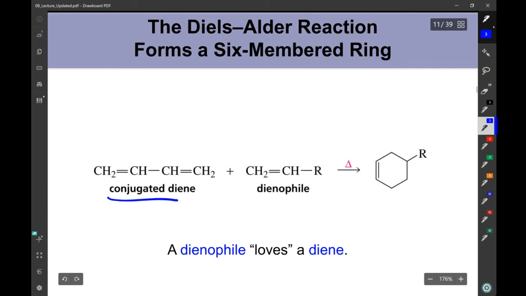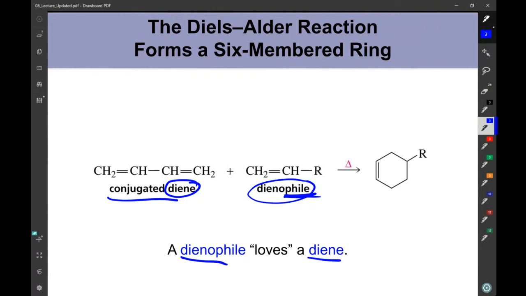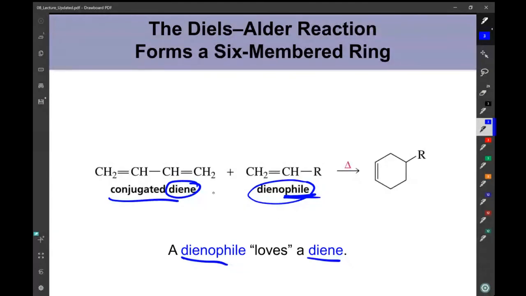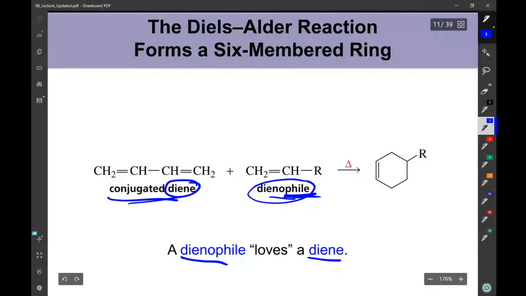So the Diels-Alder reaction is a reaction between a conjugated system, which is always referred to as a diene, that reacts with what we call a dienophile. Phile stands for love. So a dienophile means something that loves to react with the diene. So that's a typical Diels-Alder reaction: a reaction between a conjugated diene and a dienophile.